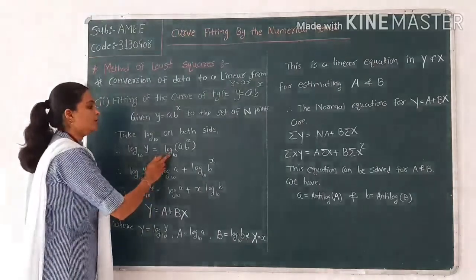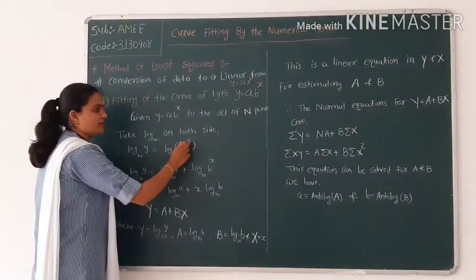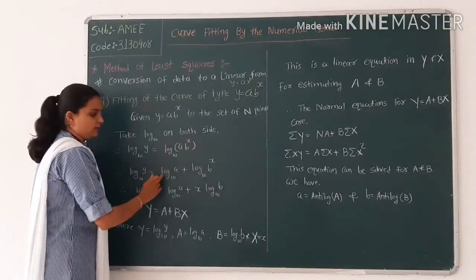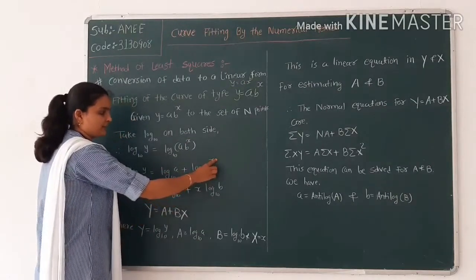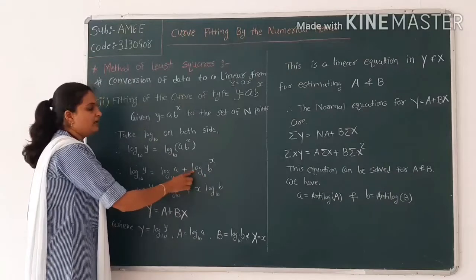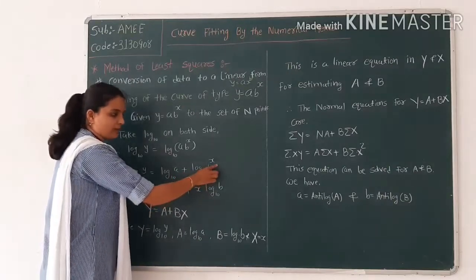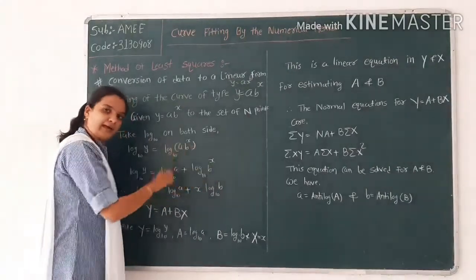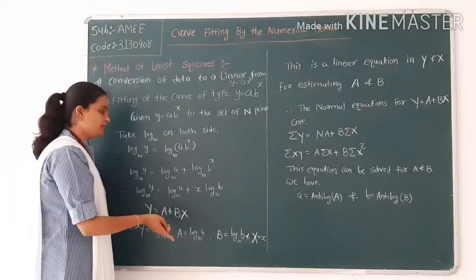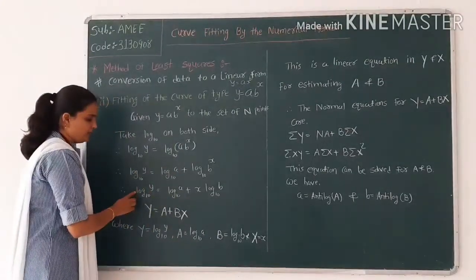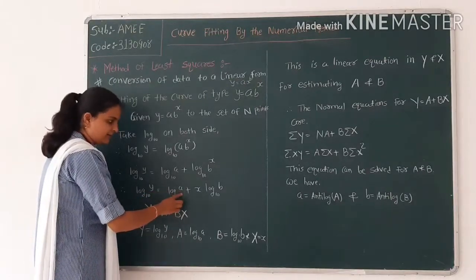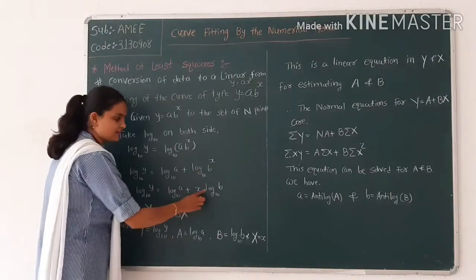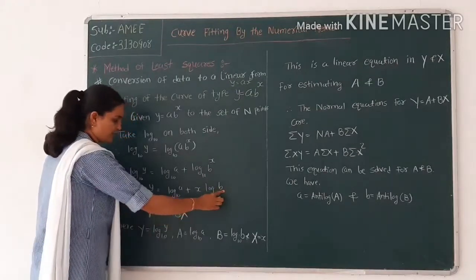So here log of a into b raised to x is log a plus log b raised to x. Also we know that log a raised to x is x log a. So we apply here: log y as it is, log a as it is, plus x log b.